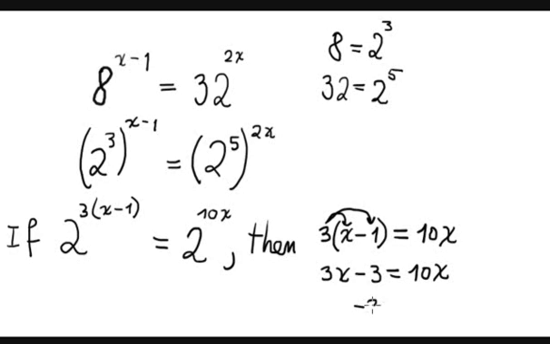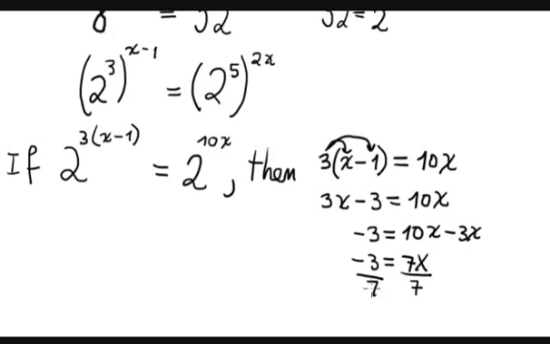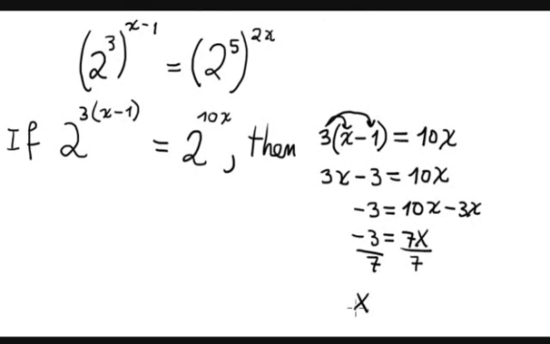Minus 3 is equal to 10x minus 3x. Minus 3 is equal to 7x, divided by 7, both sides. Then x is equal to minus 3 over 7.